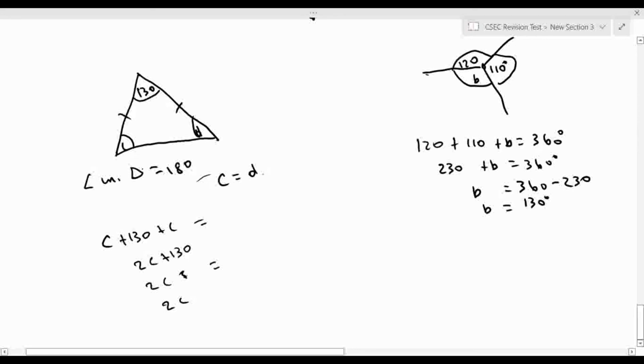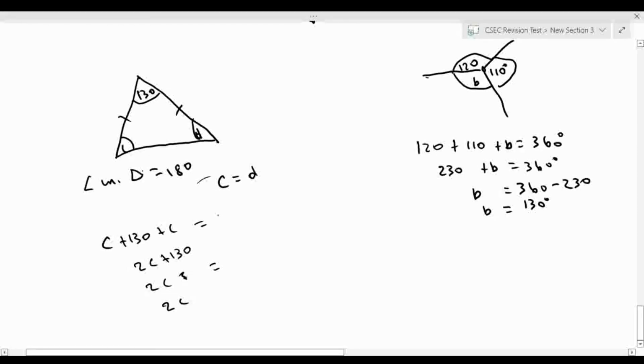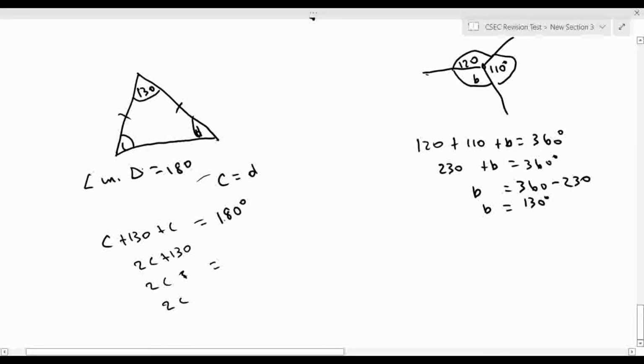So C is equal to D. We're going to set up our equation. We have C plus 130 plus 130, and that should be equal to 180 degrees.